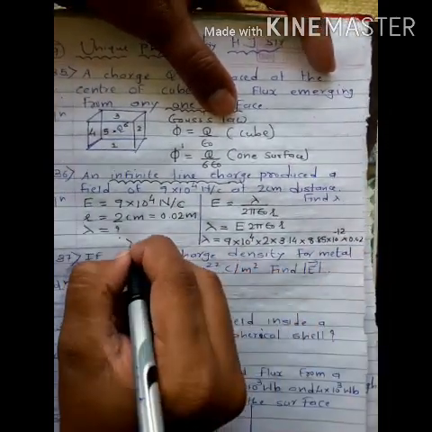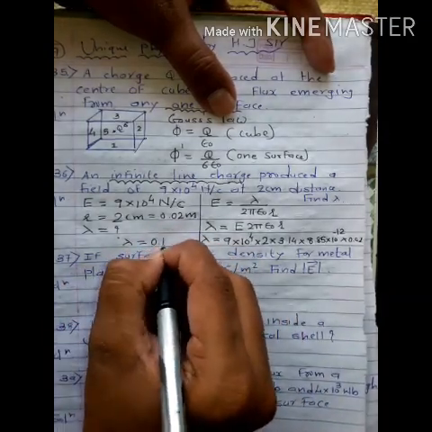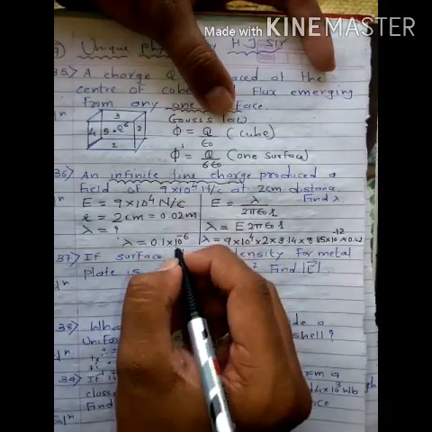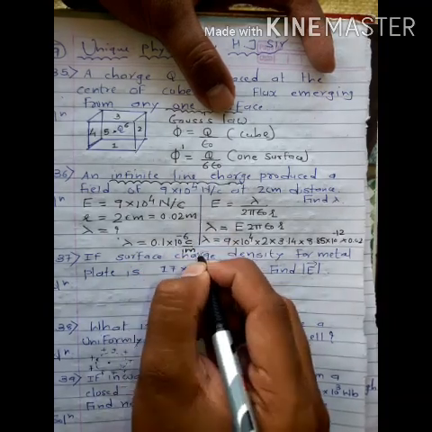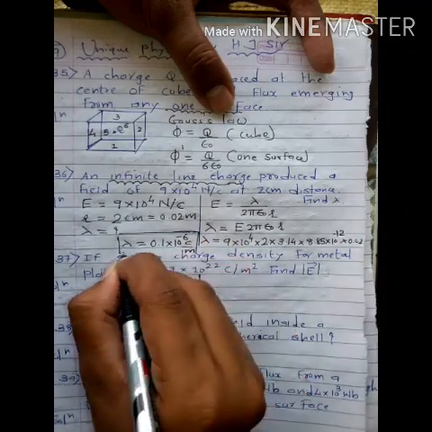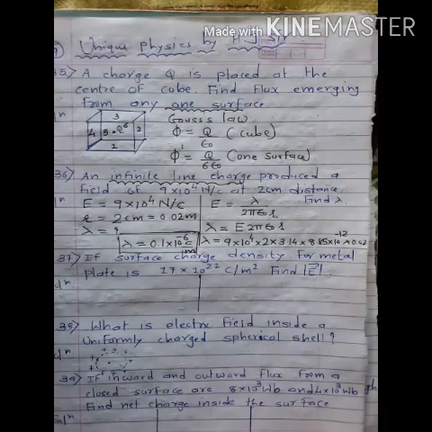Clear? Solve this value and find your answer. So your answer is 0.1 into 10 raised to minus 6. This is linear charge density, so its unit is coulomb per meter. So your answer is 0.1 into 10 raised to minus 6 coulomb per meter.